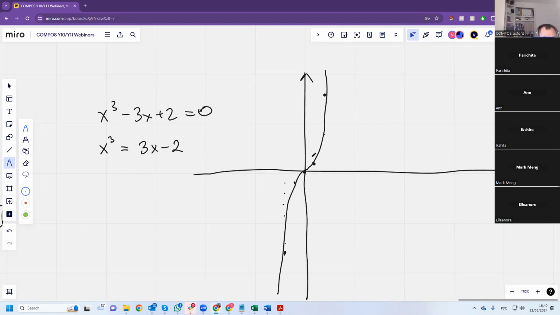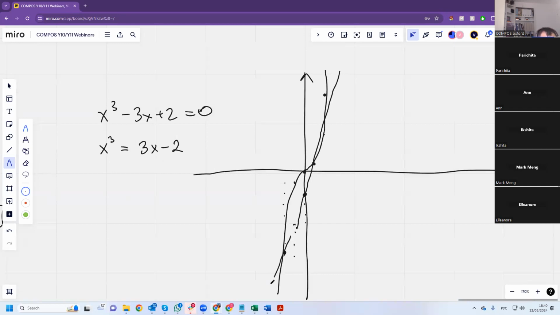And then 3x minus 2. So the intercept is minus 2, and it has gradient 3. So it's going to go like this. Interesting.